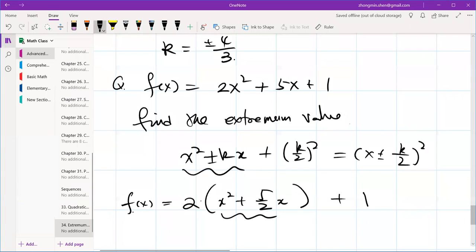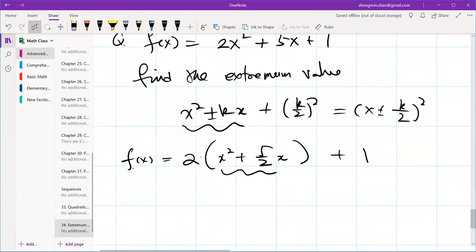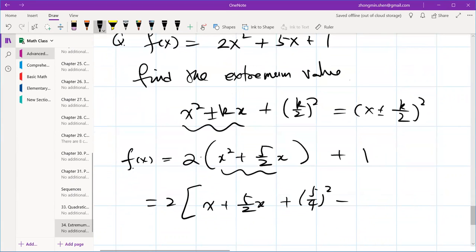Okay, I needed to complete the square, so I have to add the third term and subtract the same term. Half of 5 over 2 is going to be 5 over 4 squared.